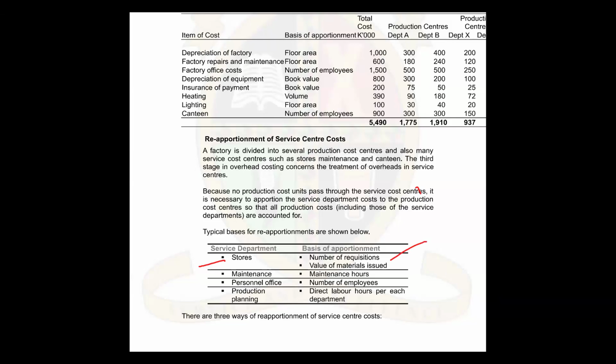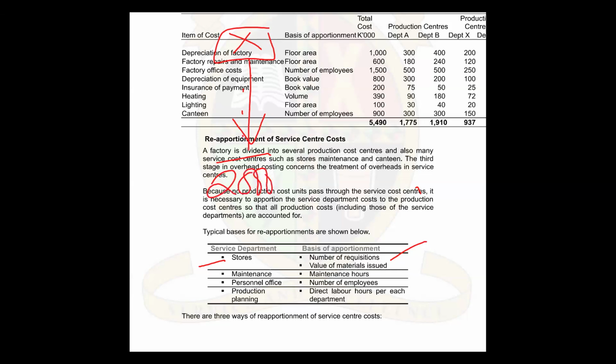If you are given a stores department, let's say department X, and after totaling everything allocated to department X, you find it to be 2,000, for example.